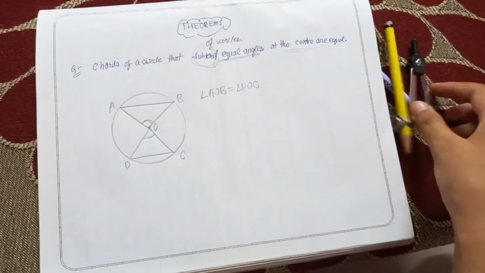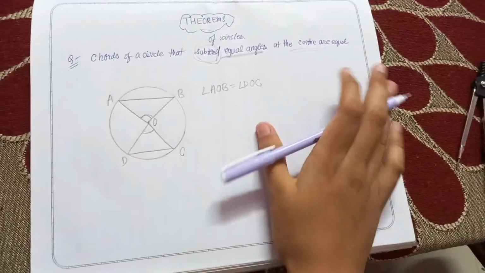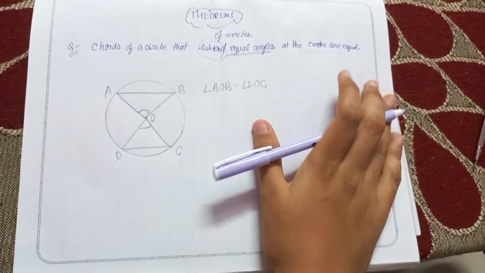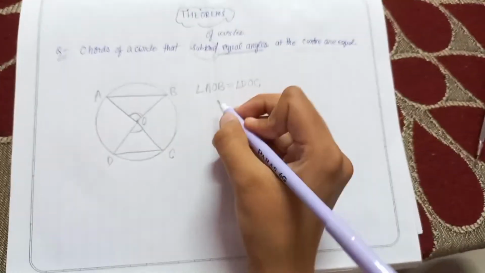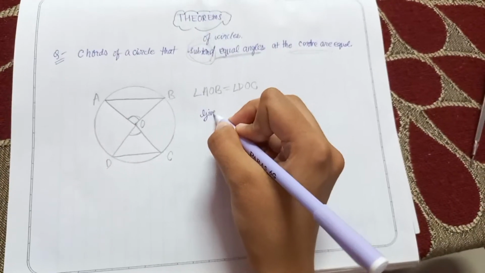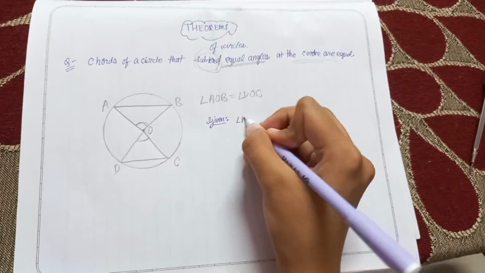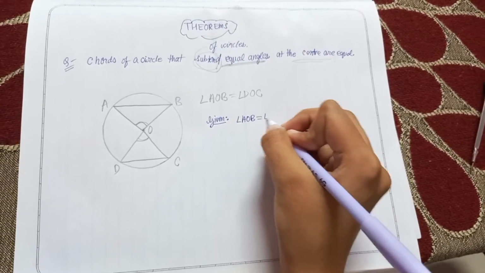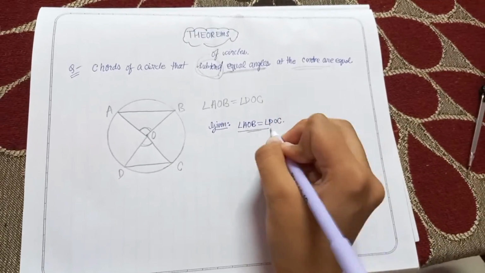Now how to prove this? Whenever we are given a problem, in whichever subject, for example chemistry or physics or mathematics, first we need to write what is given to us. Given: angle AOB is equal to angle DOC. This is given to us.